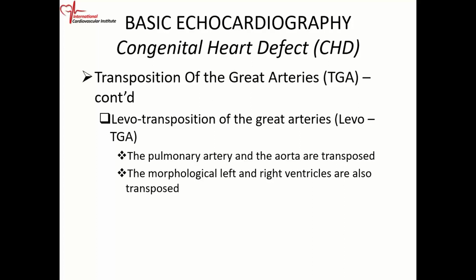On the left side, you're going to have oxygenated blood coming from the lungs via the pulmonary veins. The oxygenated blood is going to travel into the left atrium and then into the anatomical right ventricle. So the right ventricle is going to get the oxygenated blood, and it's going to pump blood into the aorta.